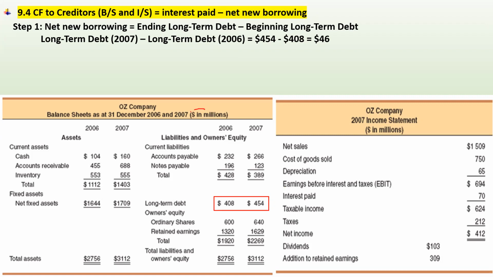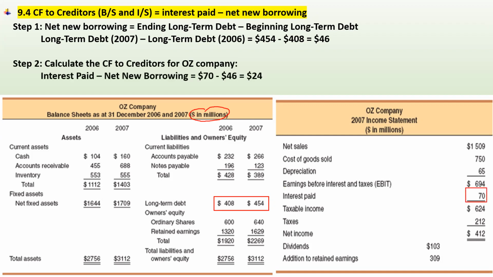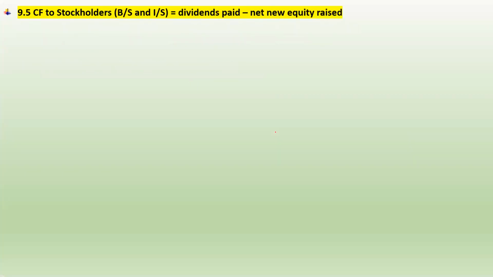Here you should know all the numbers are in millions. So the cash flow to creditors equals interest paid, which is 70 million, minus the net new borrowing. So it's 24 million.